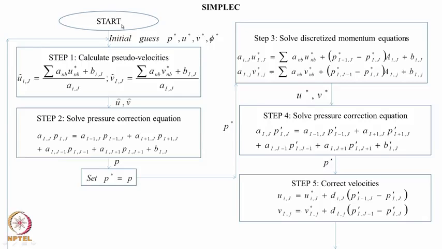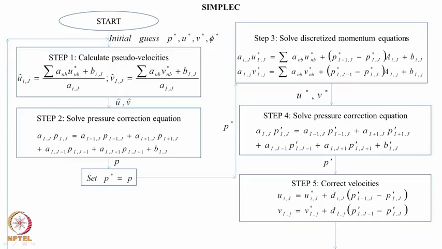So when you compare SIMPLE and SIMPLEC, you have two additional steps, and these two additional steps are introduced to get pressure, and this guess pressure is supposed to be closer to the actual pressure because you obtain it from solving the continuity equation, which is again obtained using U cap and V cap obtained from the momentum equation. Now after this, the steps are the same as in SIMPLE.